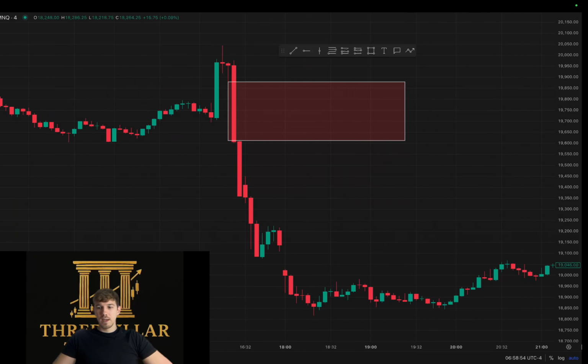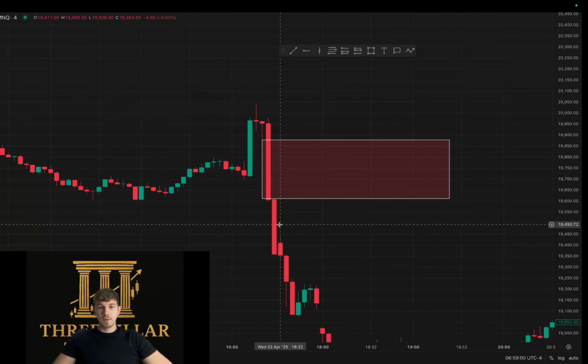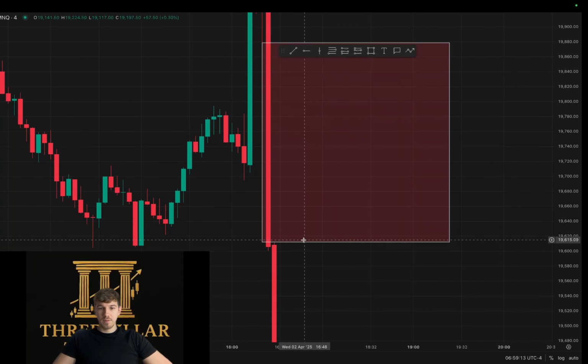Now you can see that we have 1, 2, 3 candles, and between these 3 candles is a gap in price between the bottom of the first wick and the top of the third wick or body. There's not much of a wick on this candle, but there is one if you zoom in on price.